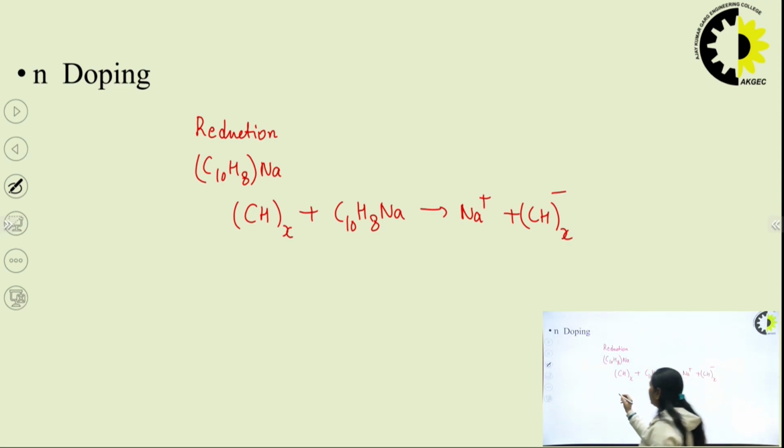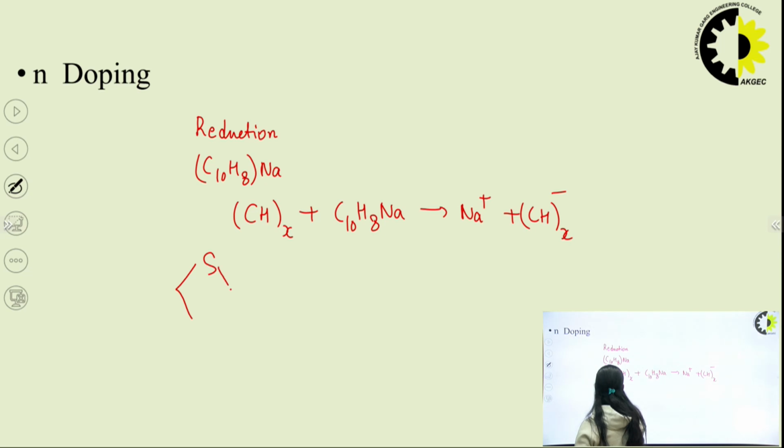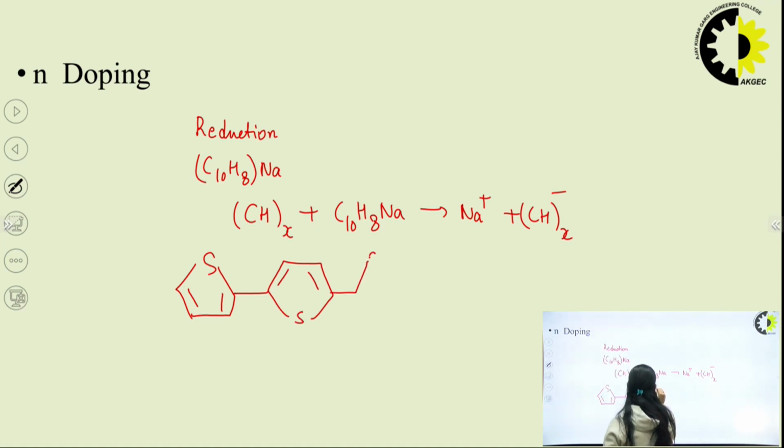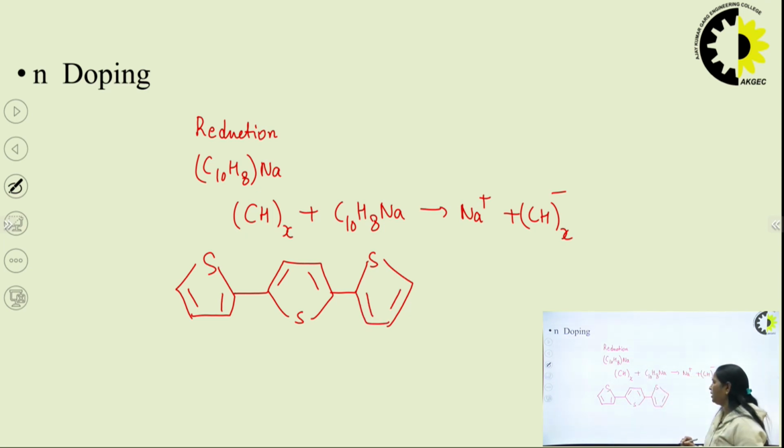So if we take the example of polythiophene, and one electron is eliminated from this polythiophene, what will happen?